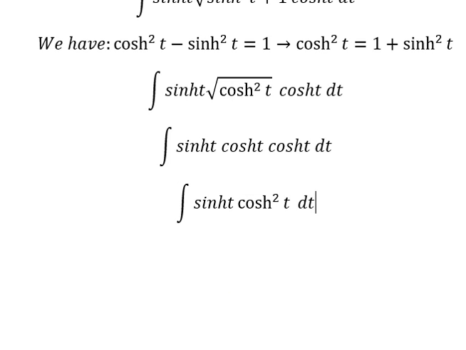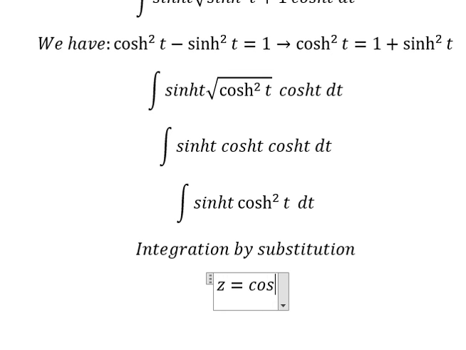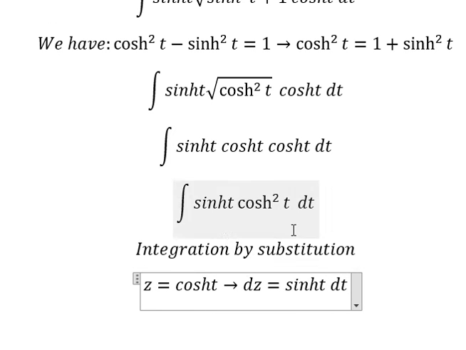Now we can use integration by substitution. So I will put z equals cos t. If I take the first derivative of both sides, you get dz equals sin t dt.